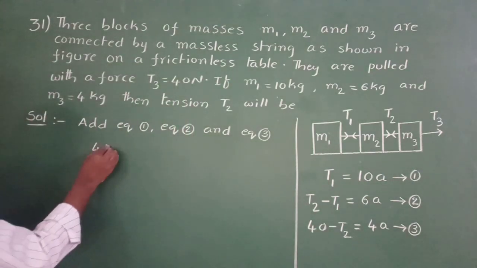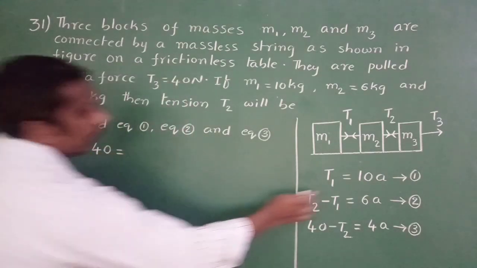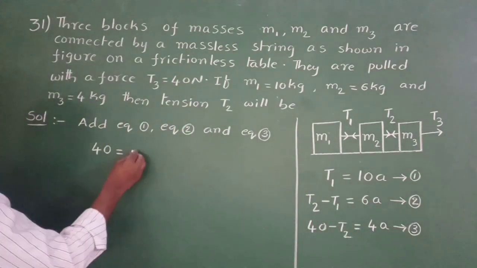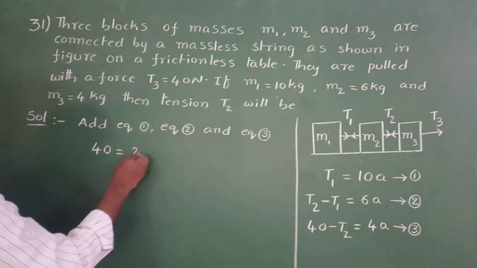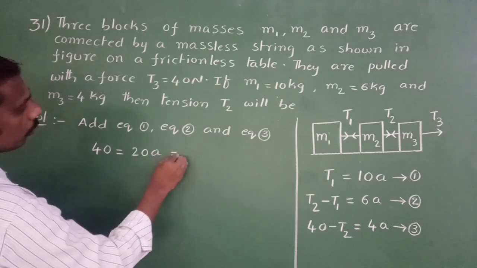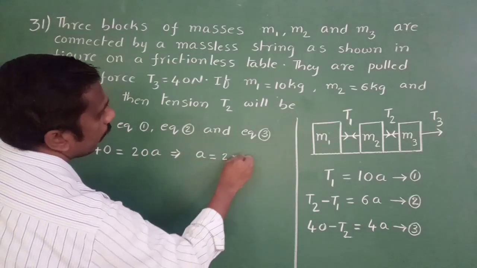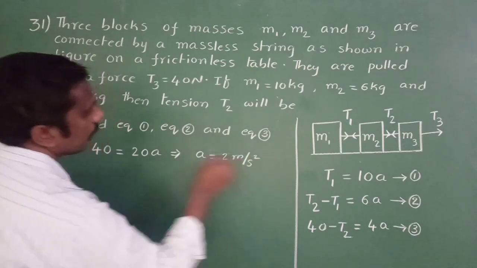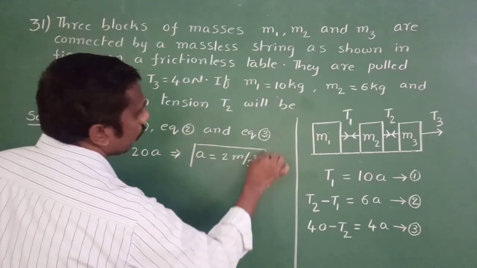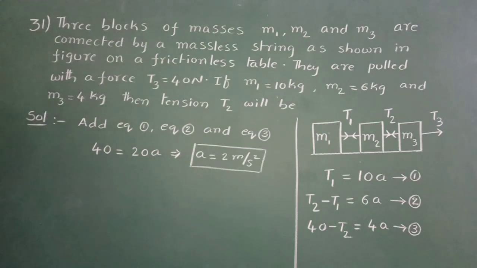Then we can write 40 is equal to 10A plus 6A plus 4A, that is equal to 20A. From this, A is equal to 2 meter per second square. We got the acceleration. This acceleration value we substitute in equation 3, then we get the T2 value.